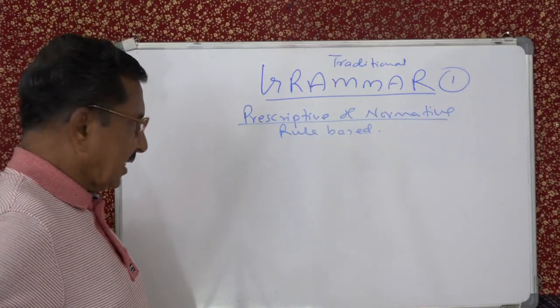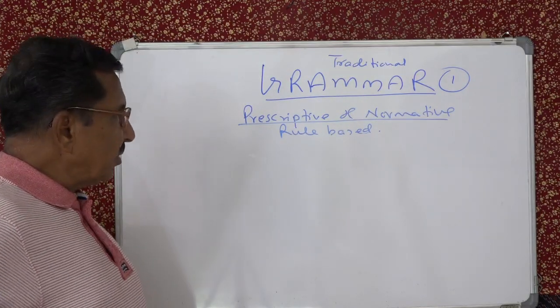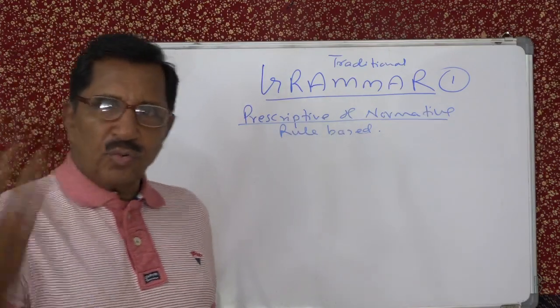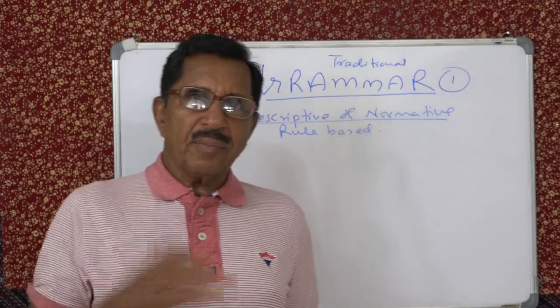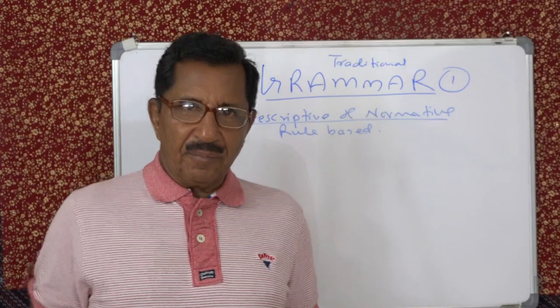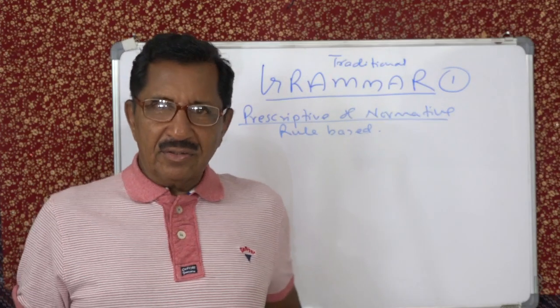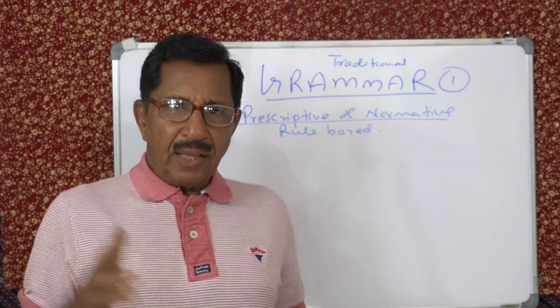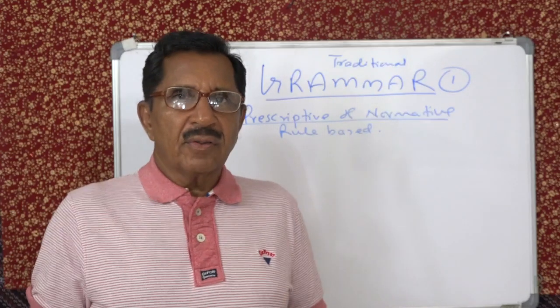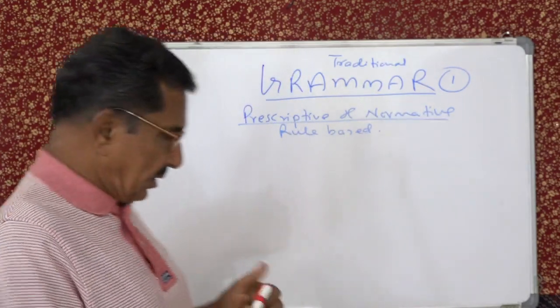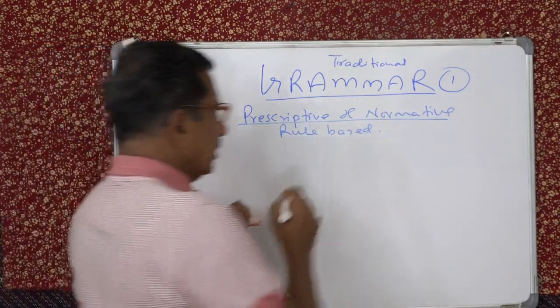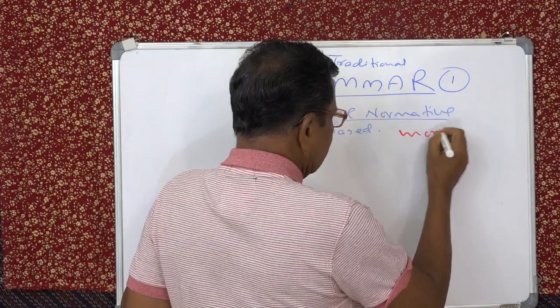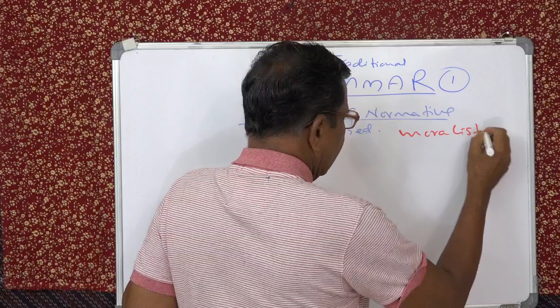Traditional grammars were also moralistic. When you have rules, naturally good and bad come in. You have the ten commandments: if you observe everything, then it's good; if you deviate from that, then it is bad. So traditional grammars were moralistic, meaning good and bad.